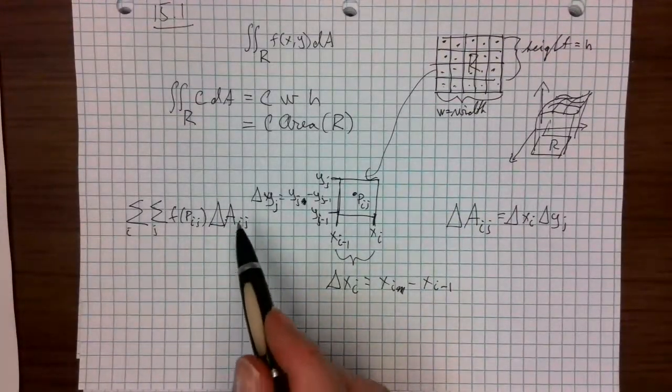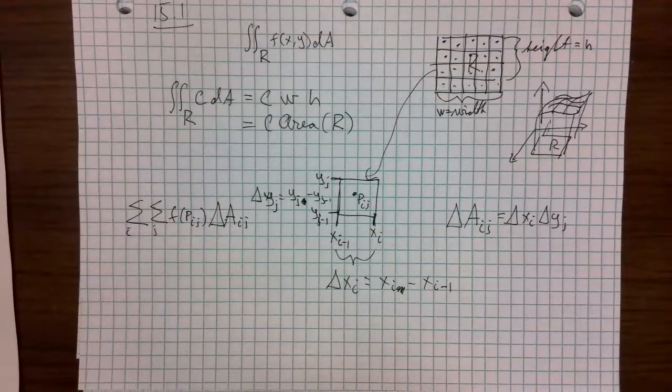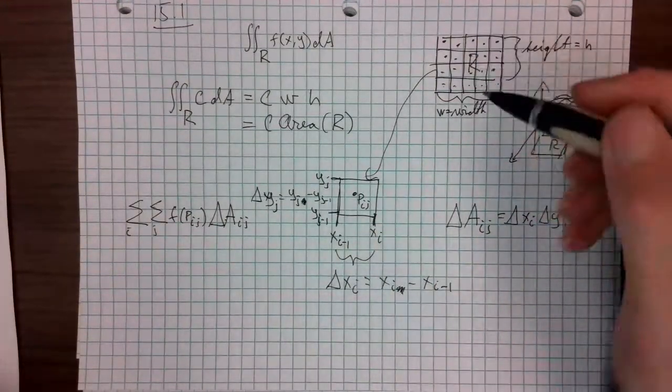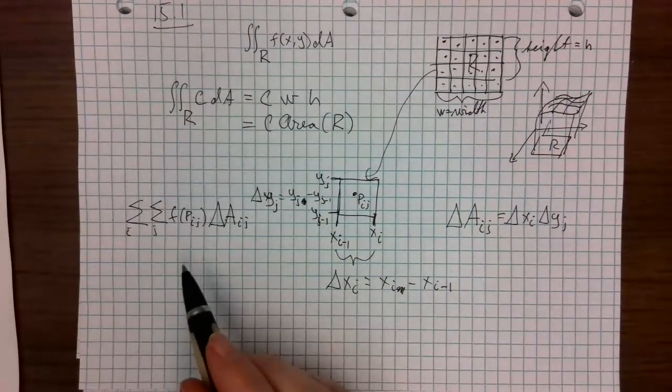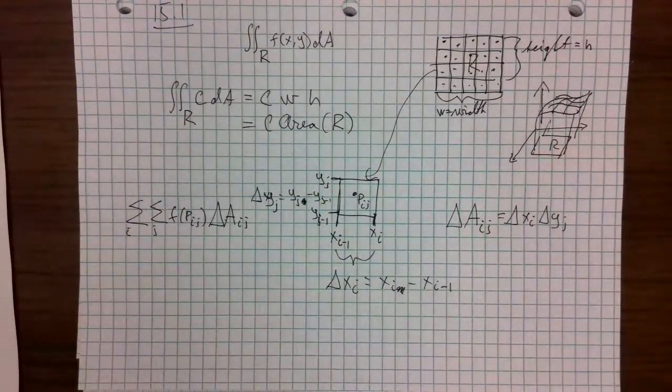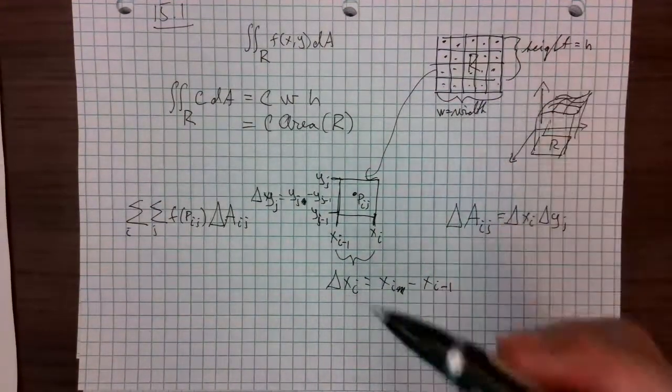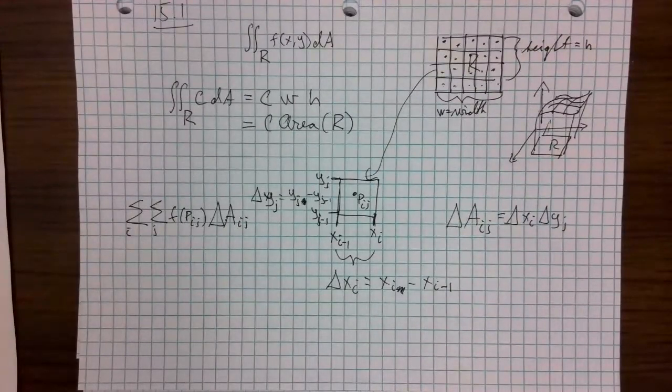Now, if this grid is fine enough, this estimates the volume under the graph fairly well.